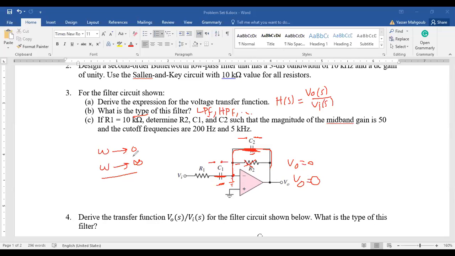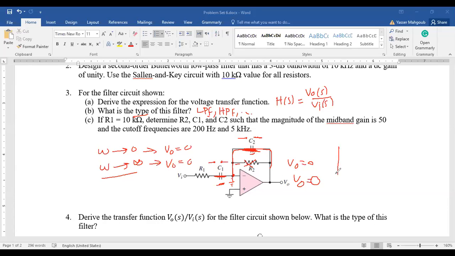So at a very low frequency, the output is 0. At a very high frequency, the output is also 0. But in between, the C2 and C1 will have some impedances. This C2 impedance will be added parallel to R2, and this C1 impedance will be added series to R1. So there is some impedance, like if you divide R2 over R1 or Z2 over Z1, you will get some values.